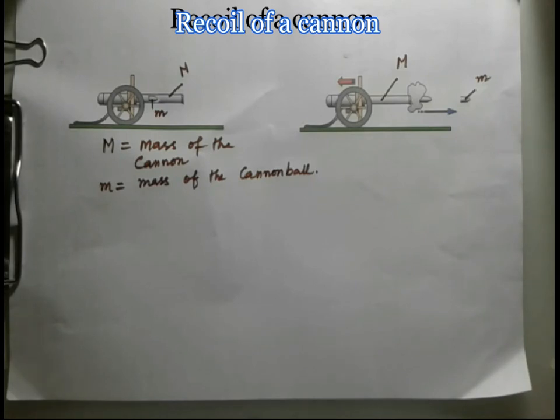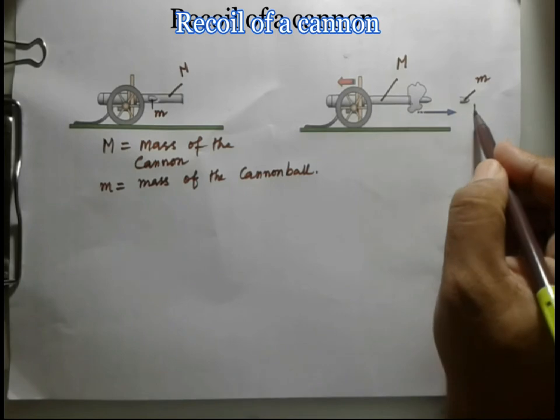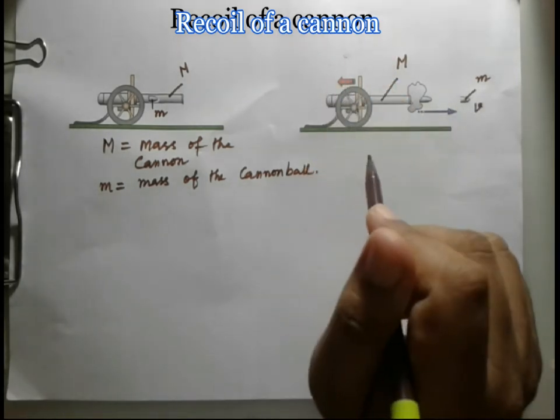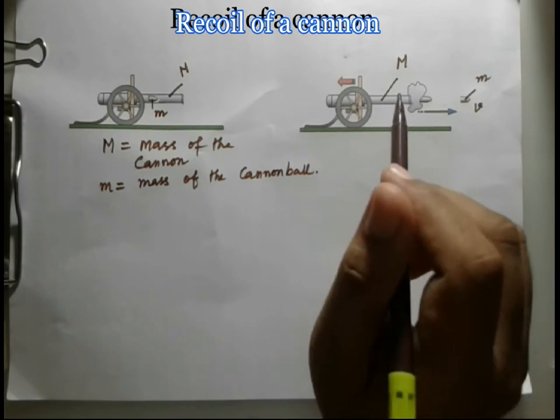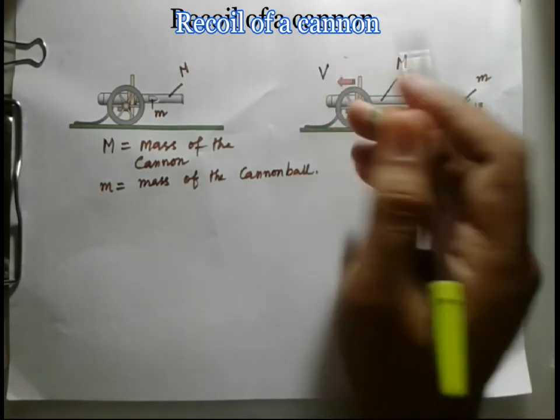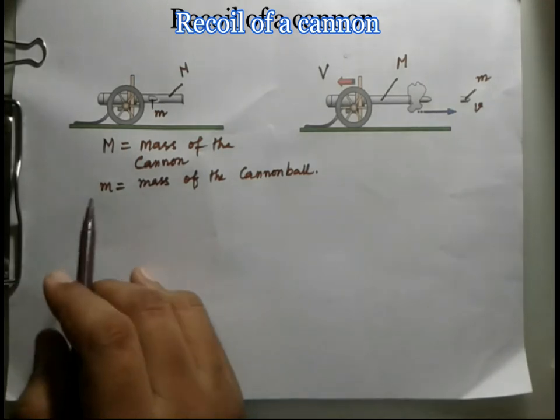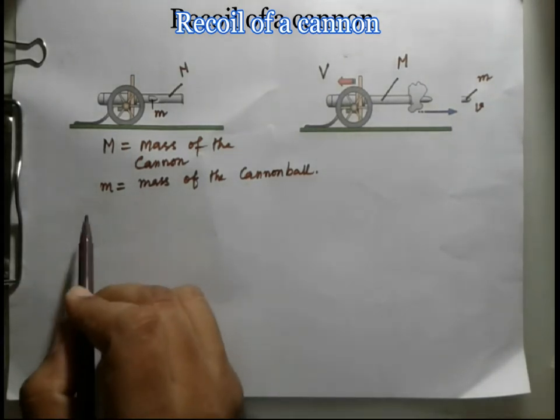So what will happen after firing? The cannonball will move with velocity small v in this direction, and the cannon will move with velocity capital V in the opposite direction, as observed in the video. So what can you write from the conservation of linear momentum?